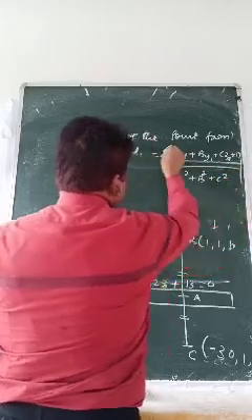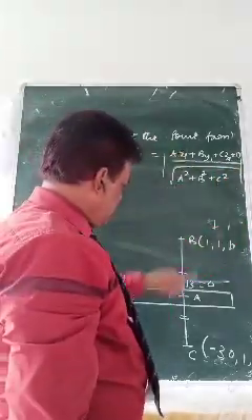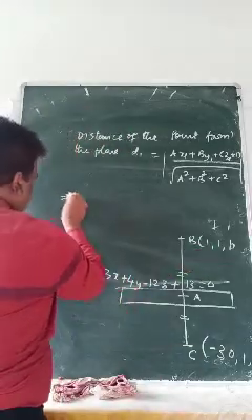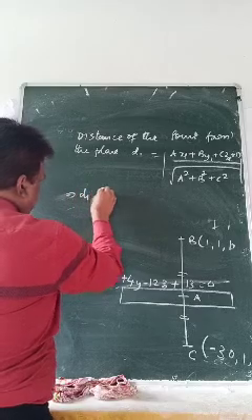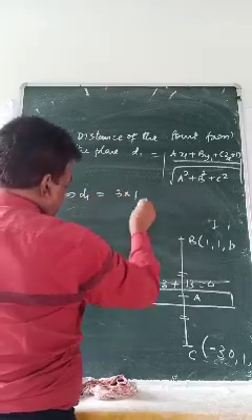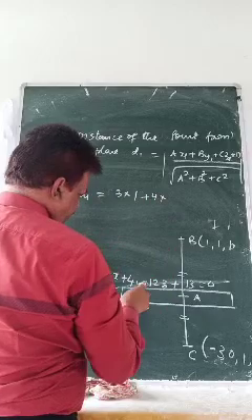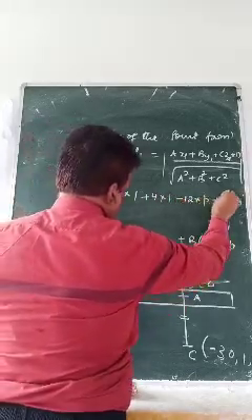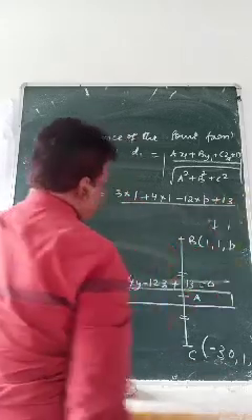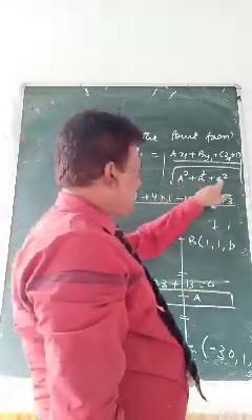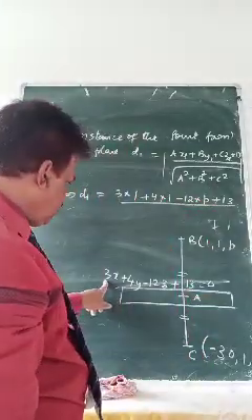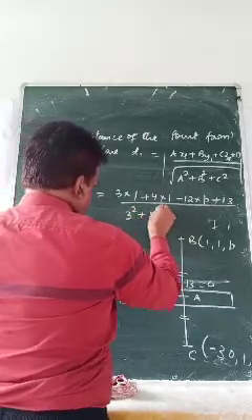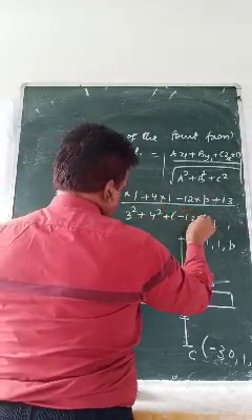This is the formula, right? ax1 means 3 into x1 is 1. D1 equals 3 into 1, 4 into 1, minus 12 into p plus 13 divided by root over of a square plus b square plus c square, 3 square plus 4 square plus minus 12 square.